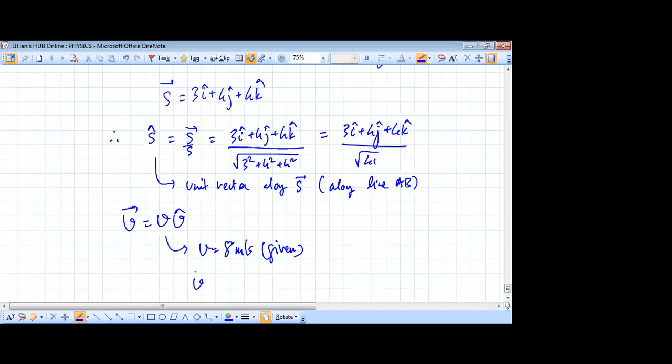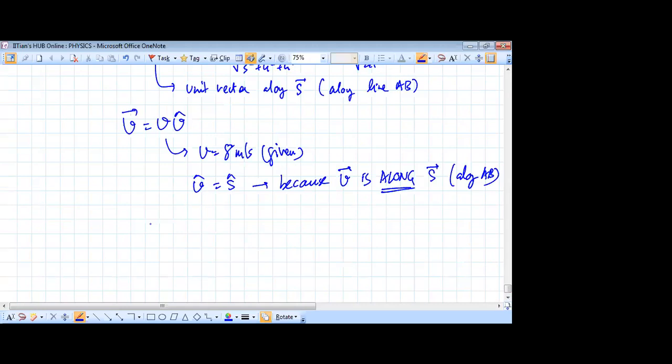And because the velocity vector is also along the displacement vector, or along the line AB, my velocity as a vector now will become 8 meters per second multiplied by that vector.